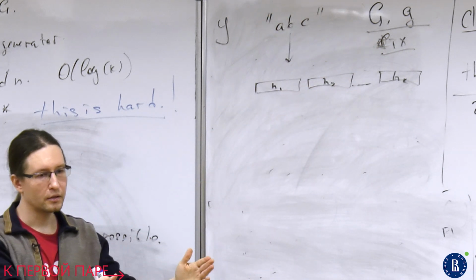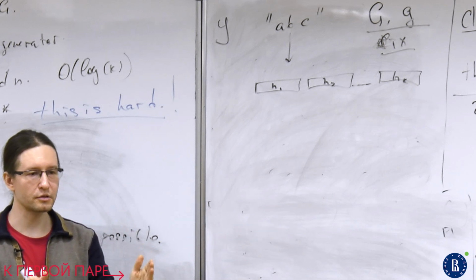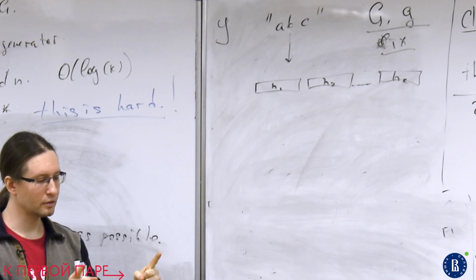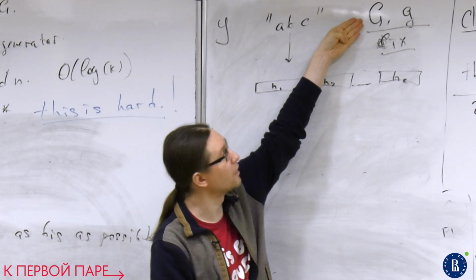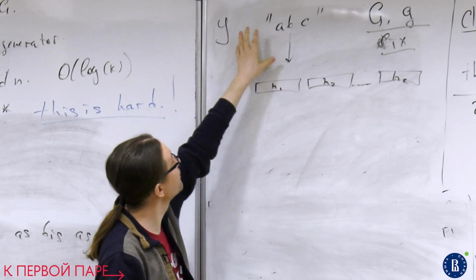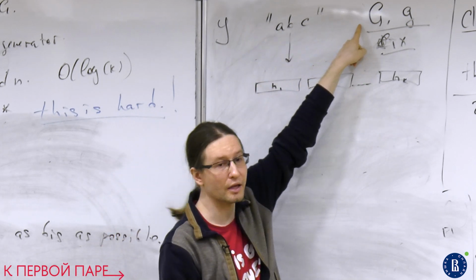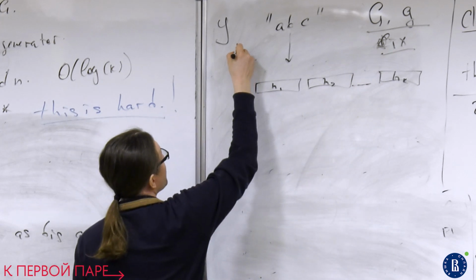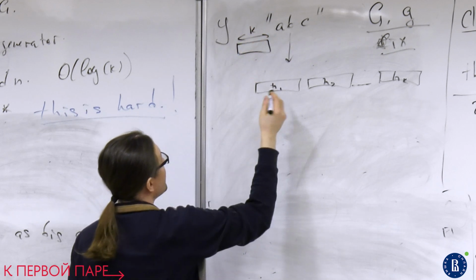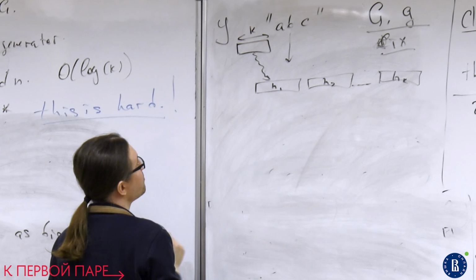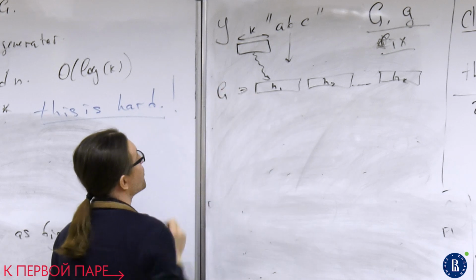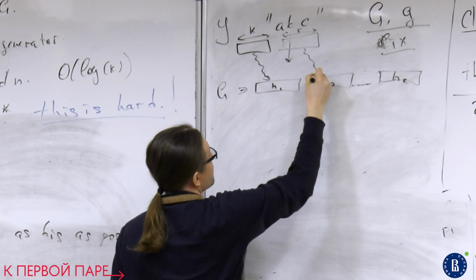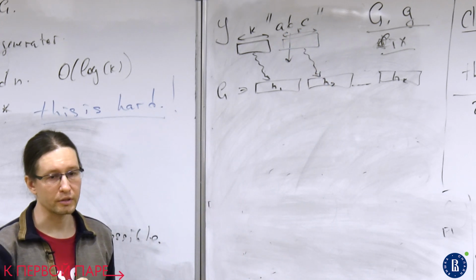You can split the long string into small pieces of a fixed length, and then if there are as many strings of this length as there are elements in the group G, you can map strings of a fixed size to the elements of the group G. So what's written here: you have a string of a fixed size, let's say k, and you map this piece into an element h1 of the group G. Then if you have a second piece of the length k, you map it to the second element of the group G, and so on.